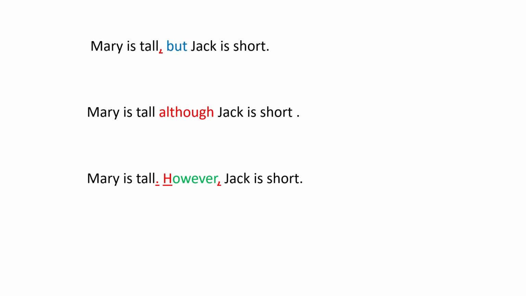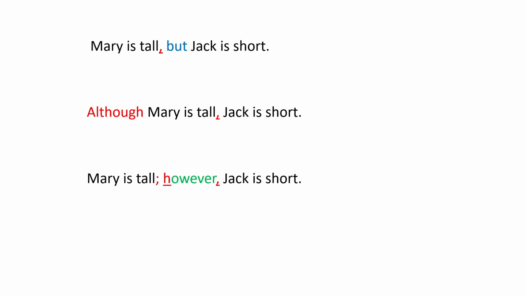Similarly with transitions, they have their own rule as well, and in most cases we simply start a transition with a capital letter and then we put a comma after the complete transition. So for example, On the one hand, comma, or For instance, comma, starting that transition with a capital letter.